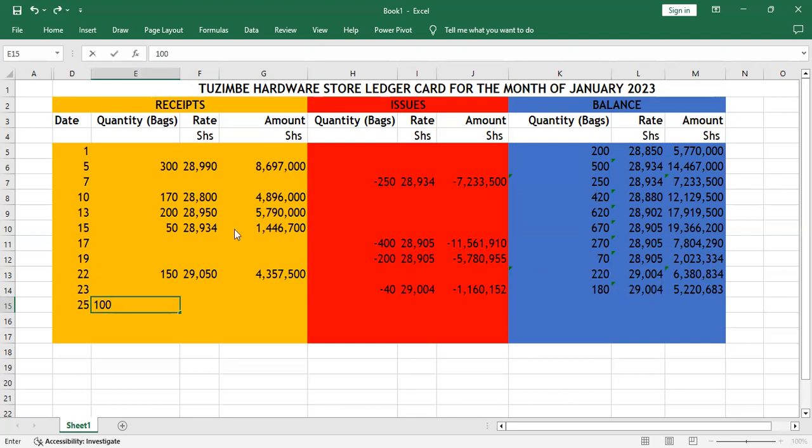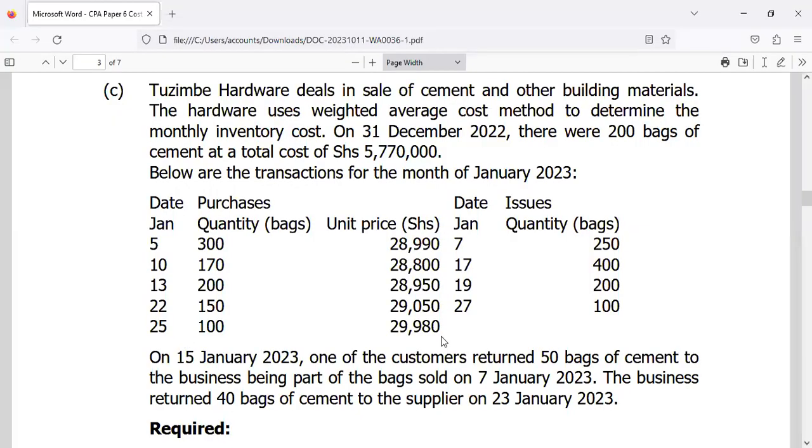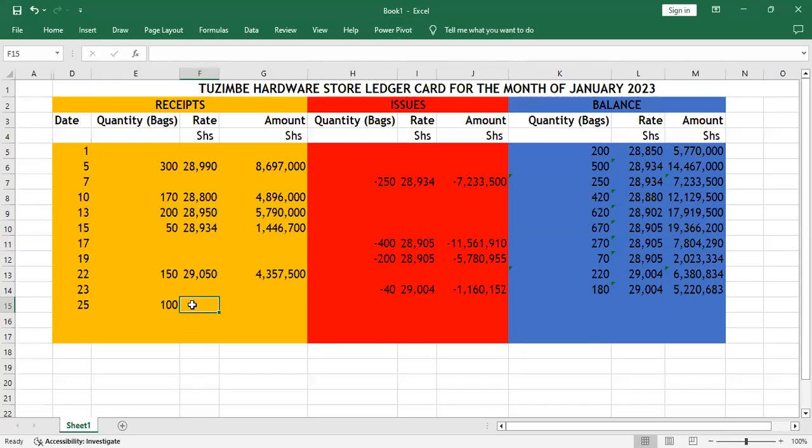Let me share a question briefly. Yeah, 100 bags at 29,980.